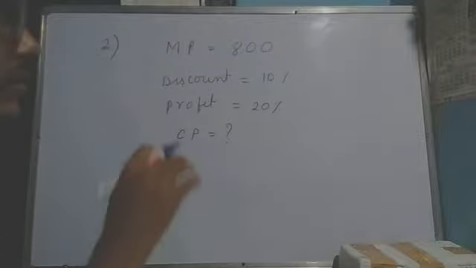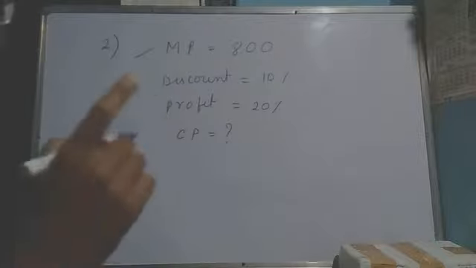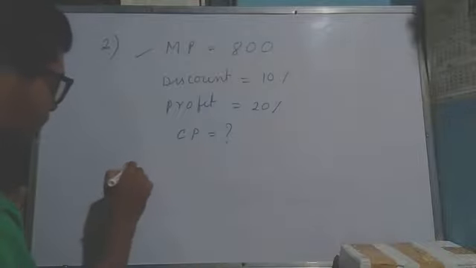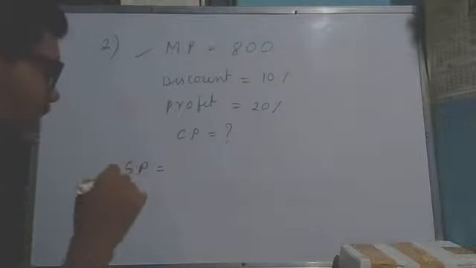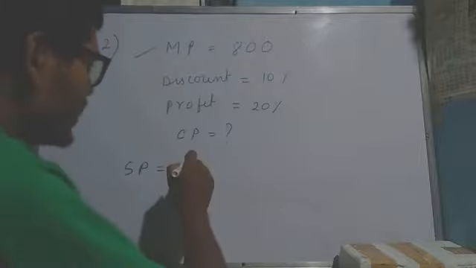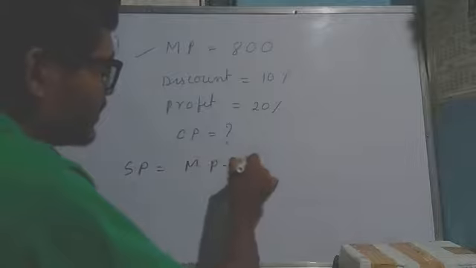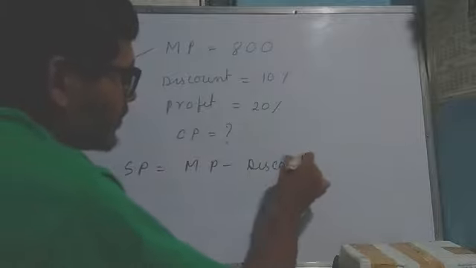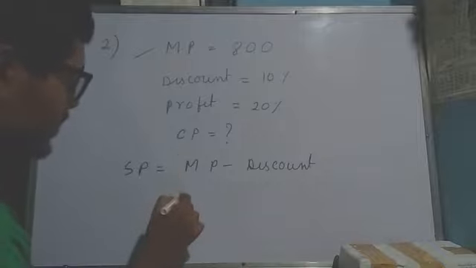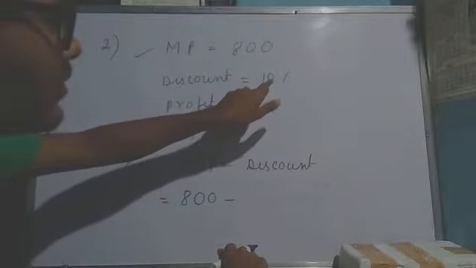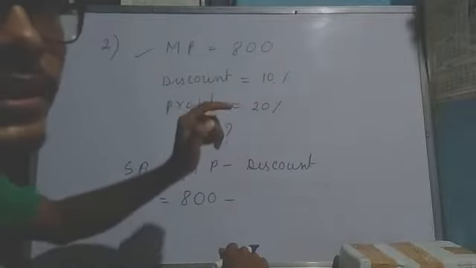At first, since the market price is given, we can calculate the selling price. What is the selling price? The selling price formula, which I just wrote, is MP minus discount. The market price is 800, and the discount is given in percentage, so we have to calculate the amount of this percentage.